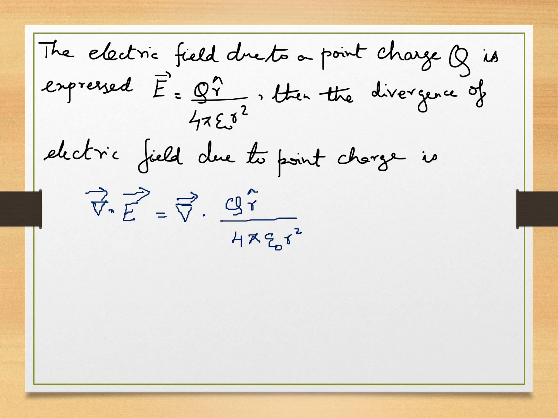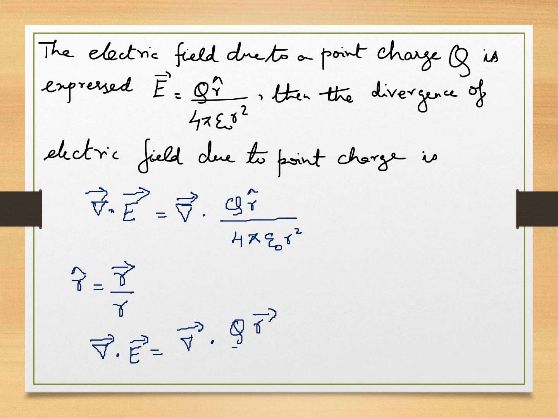This r cap can be written as r vector by r. Substituting here, you get del vector dot E vector is equal to del vector dot q r vector by 4 pi epsilon naught r cube. Here q by 4 pi epsilon naught are constant terms, so we can take them out.